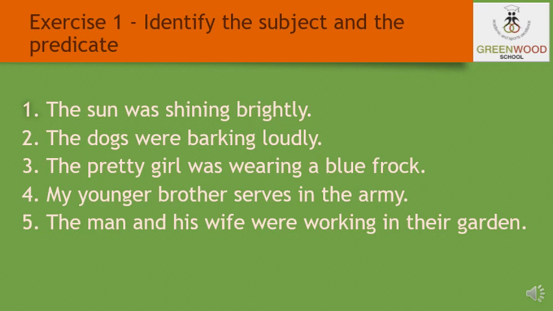Second, the dogs were barking loudly. Third, the pretty girl was wearing a blue frock. Fourth, my younger brother serves in the army. Fifth, the man and his wife were working in their garden. You can take down the exercise and then circle and underline the subject and predicate.